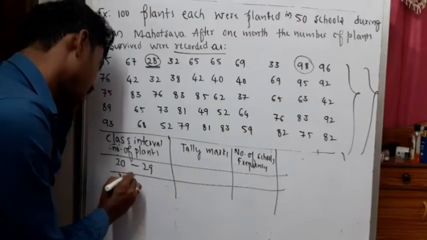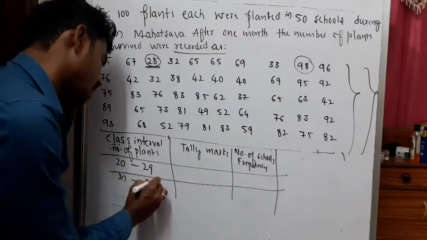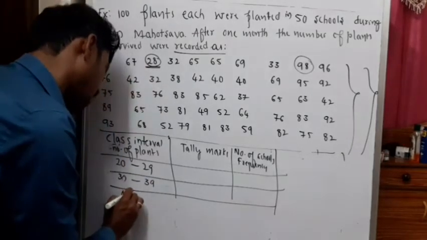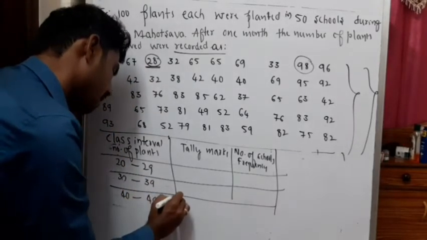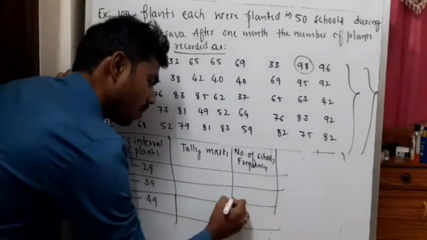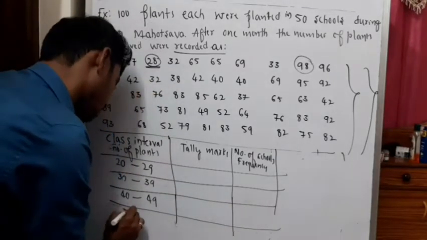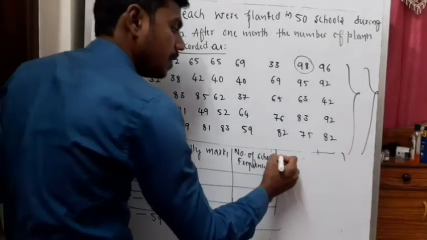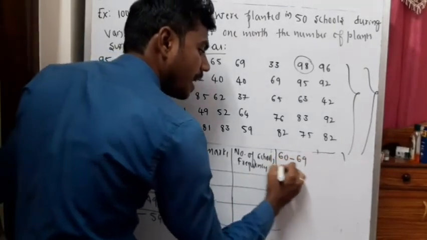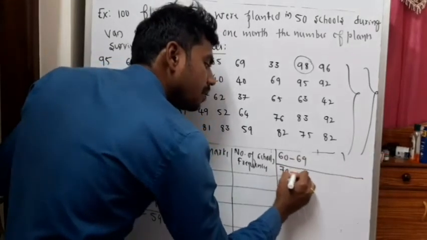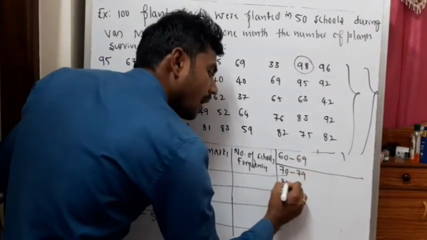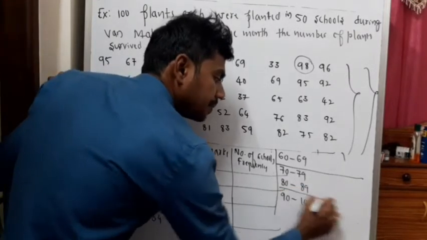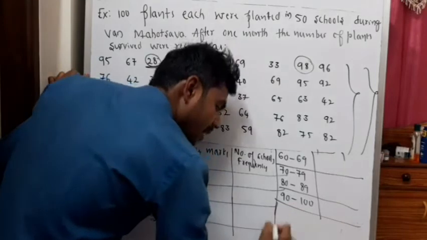Next 30 to 39, then 40 to 49, followed by 50 to 59, then 60 to 69, 70 to 79, 80 to 89, then 90 to 100. So the class width is 10 here.